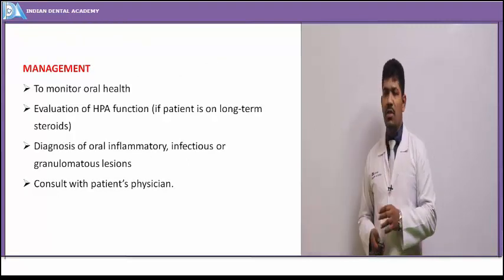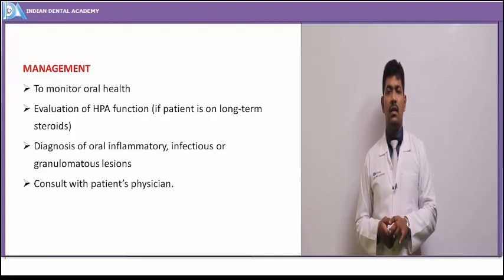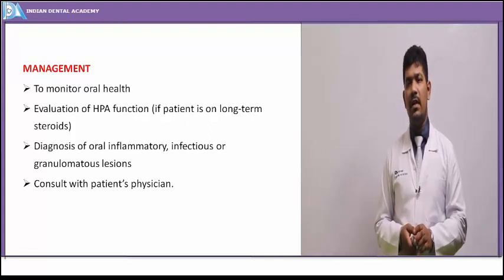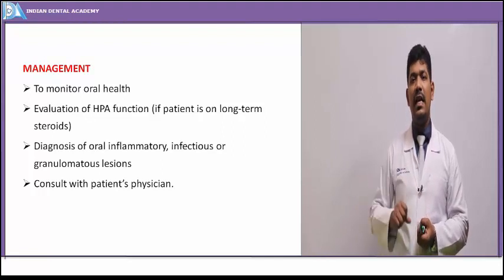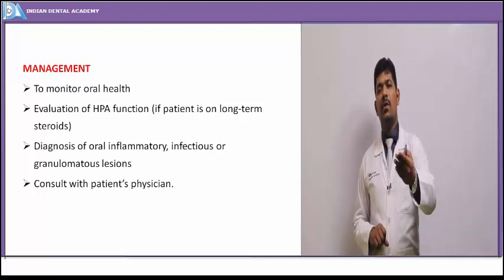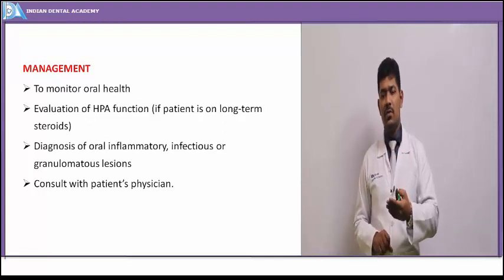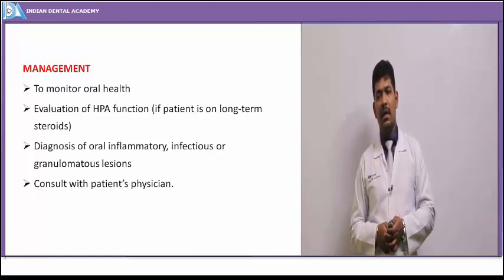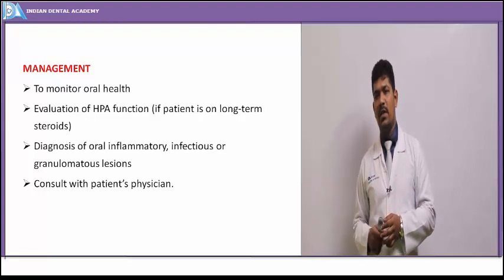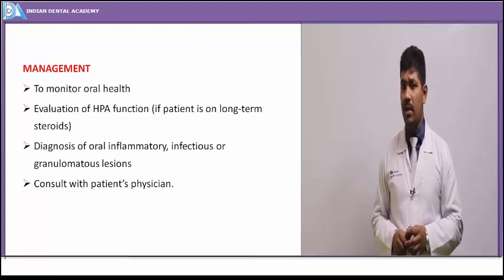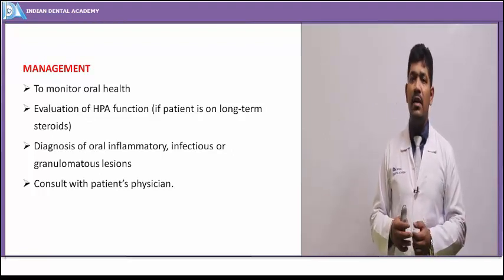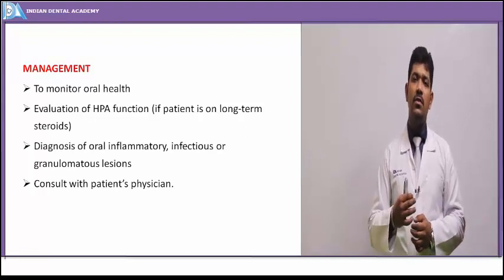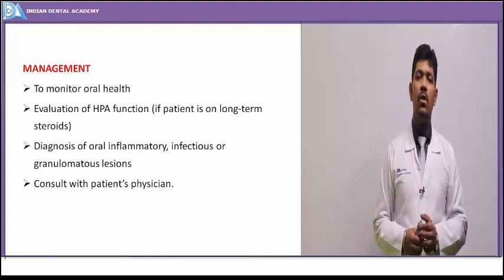So, to manage these particular patients, it's basically a conservative kind of treatment, wherein because of these hyperplastic areas, the general health of the oral mucosa or the oral cavity decreases. So you have to manage the oral health, which is a primary mainstay of the treatment of this particular disease. And apart from that, dealing with the GIT complications basically reverses all the effects which are seen in the oral mucosa.